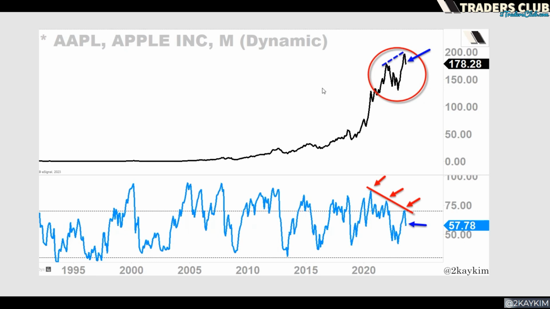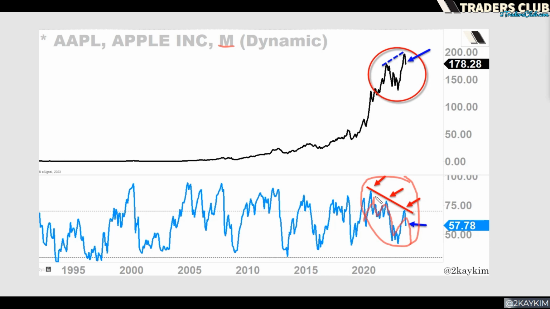Keep in mind, this is a monthly chart, so we're really looking at the big picture here. Considering this is a monthly oscillator with this sequence of lower highs that started to form since the 2020 peak, this signal could potentially lead this stock to see much more decline that may be coming in.